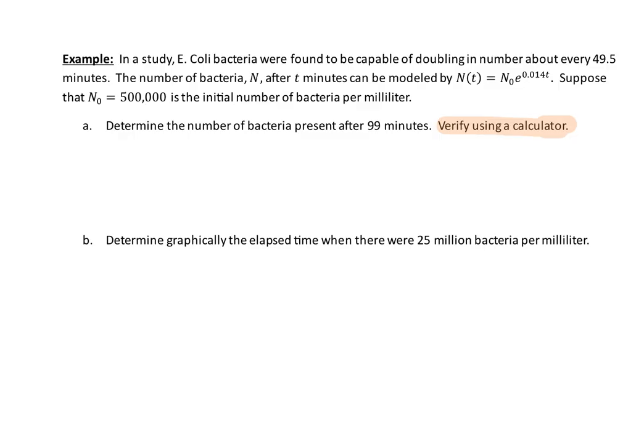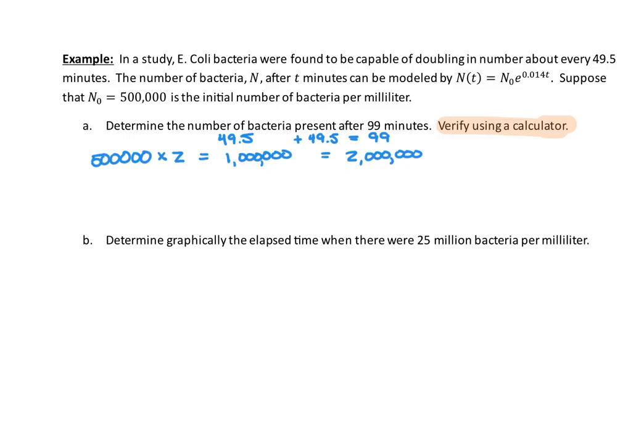After 49.5 minutes, we say it doubles, and so what we are going to get is 1 million. If we add 49.5 onto this, then what we get is 99 minutes, and it's supposed to double again. And so after 99 minutes, we should be at 2 million bacteria.